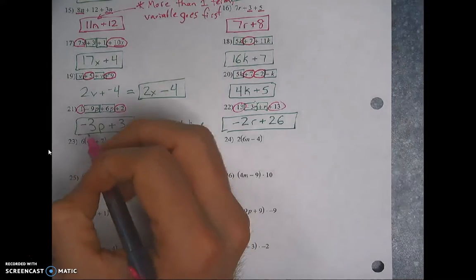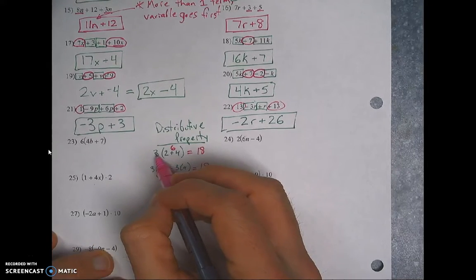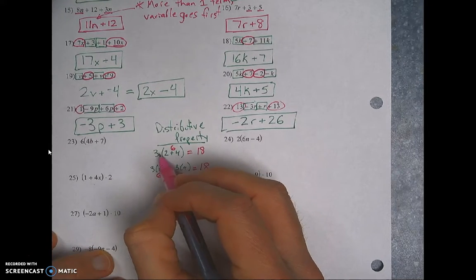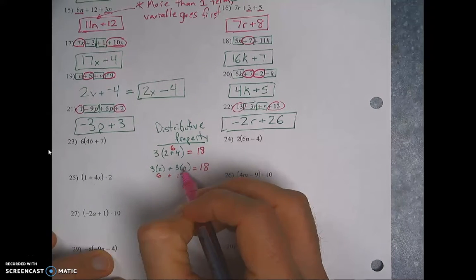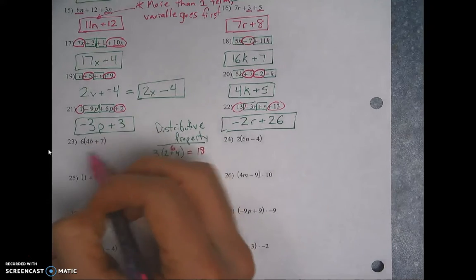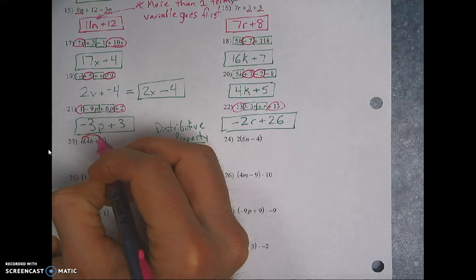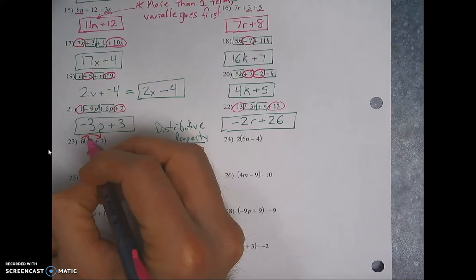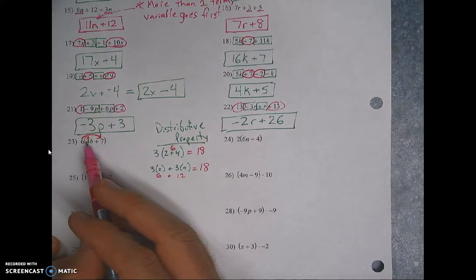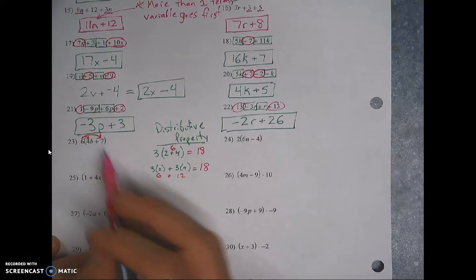So what we're going to do is, just like we took the 3 and multiplied it times the 2 separately, multiplied it times the 4 separately, and then added those two quantities, we're going to do the same thing here. A lot of students like to draw little arrows showing that the 6 is going to get multiplied times the 4b and the 6 is going to get multiplied times the 7.